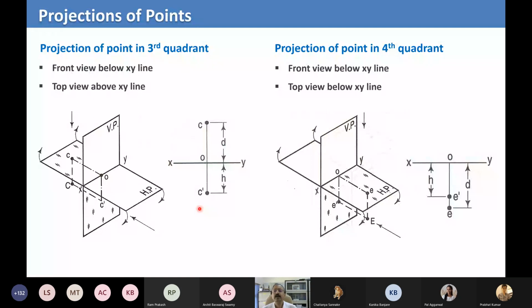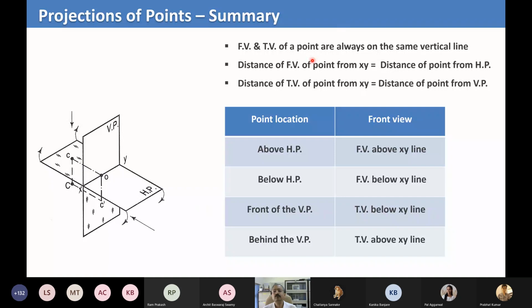Okay, and the distance of a front view of a point from XY. The front view, which is in the vertical plane, which is C dash here. Distance of the front view of a point from XY is the distance of a point from the... let me see if I put it wrongly here.